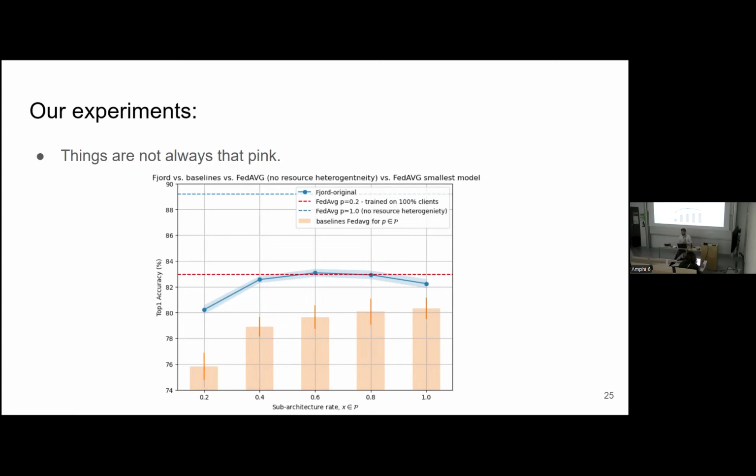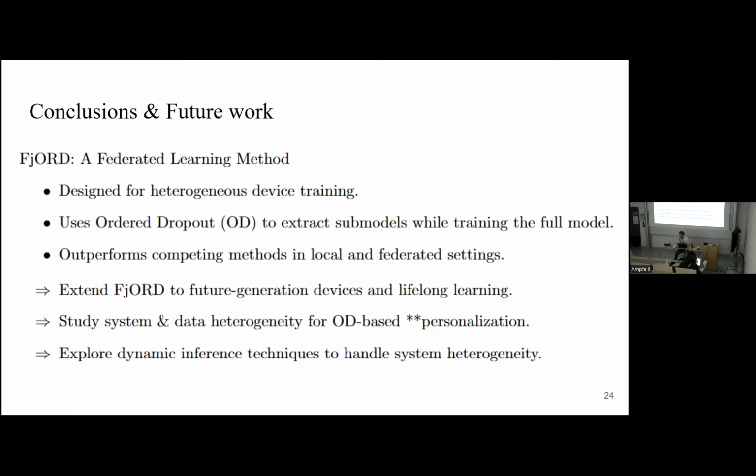And then, do you know if anybody took vanilla federated averaging and looked at what happens if you give a different distribution of the training data to the clients? Not in this paper, but that would be very interesting to see.